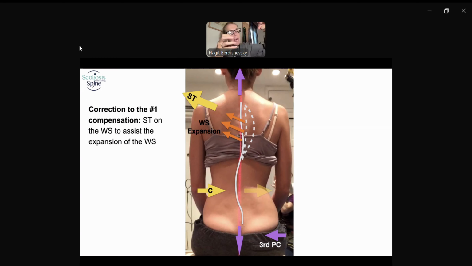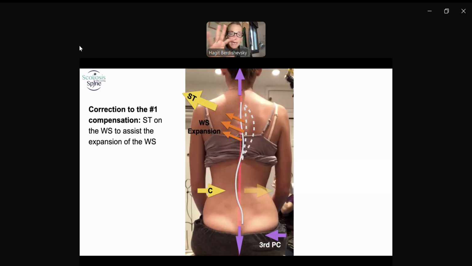This shoulder traction will come and assist the weak side expansion in a slightly diagonal way, because that is how we expand the weak side. We need to lift the ribs. We need to go in a diagonal way.